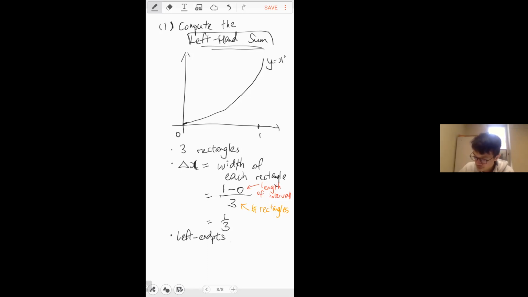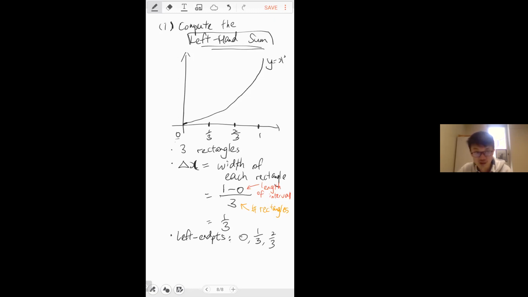You start from the point 0, the next point should be 1/3, the next point should be 2/3, and then the last point should be 1. By left endpoints, I mean you're taking all the points starting from the left-hand side, which is 0, 1/3, and 2/3.